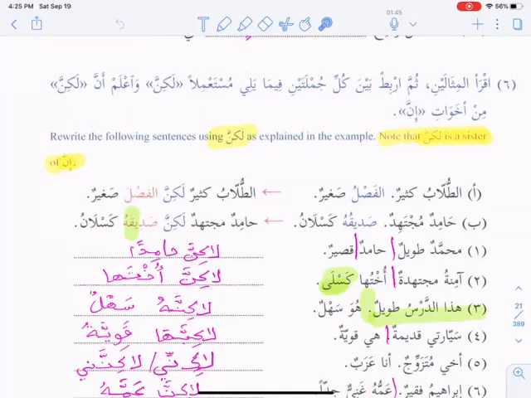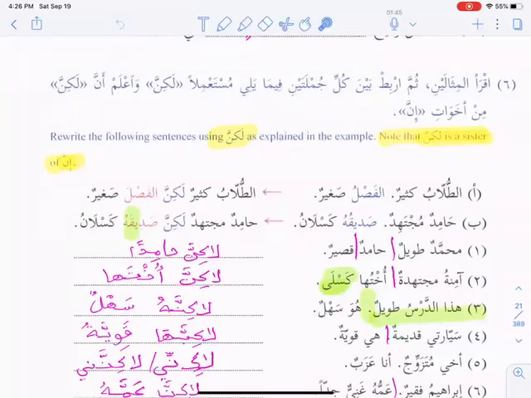These are all mansub. And if you say minhu, minhuma, minhum, these are all majrur. So the pronouns, whether majrur or mansub, are the same. So huwa can become minhu and innahu. Did you get the idea?